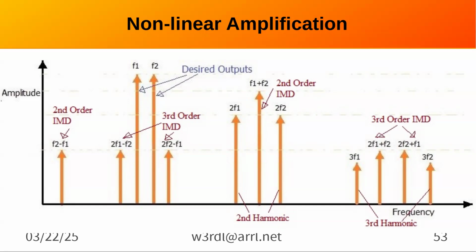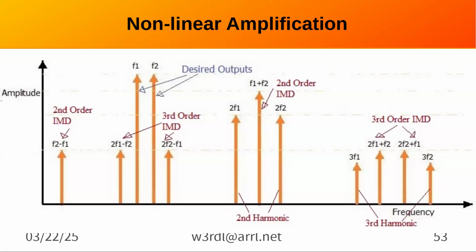Those are very close to F1 and F2, whereas your second orders are far enough away, they're fairly easy to filter. And the other third order is way out there and fairly easy to filter out. But the ones down here, very close, are hard to filter. So the higher they are, the stronger they are, the more interference it's going to cause.